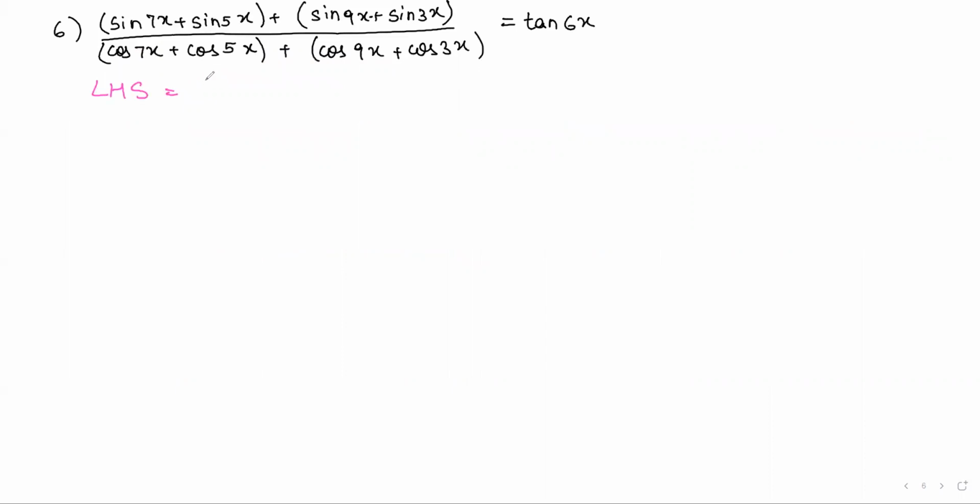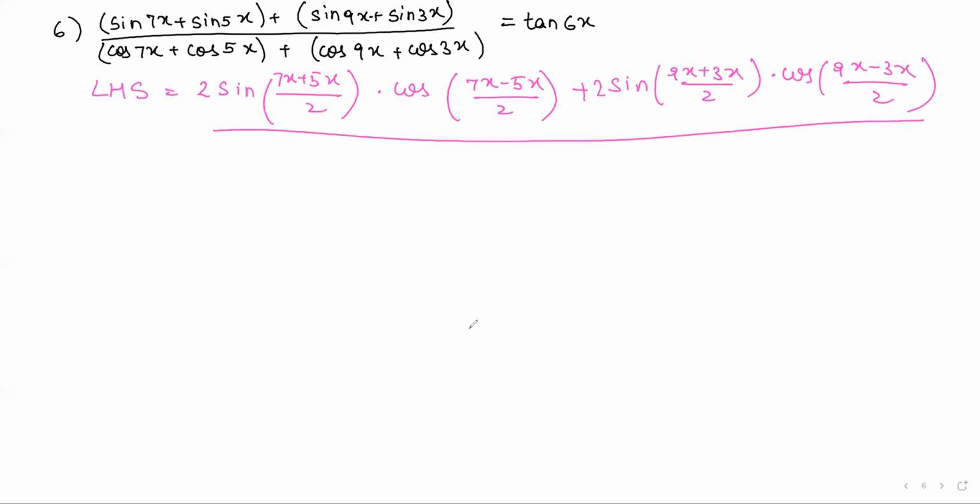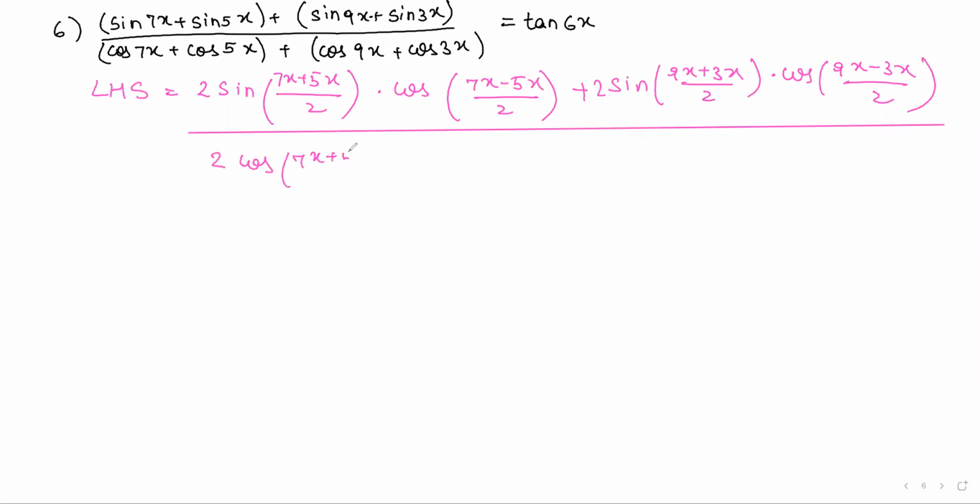Again, you can apply the formula. Sine A plus sine B is equals to 2 sine A plus B by 2, 7x plus 5x divided by 2 into cos 7x minus 5x divided by 2, A minus B by 2, plus 2 times sine 9x plus 3x divided by 2 into cos 9x minus 3x divided by 2, whole upon cos A plus cos B is 2 times cos 7x plus 5x divided by 2 into cos 7x minus 5x divided by 2.